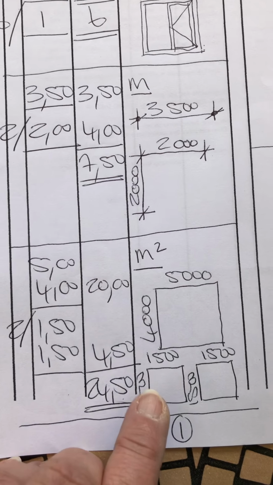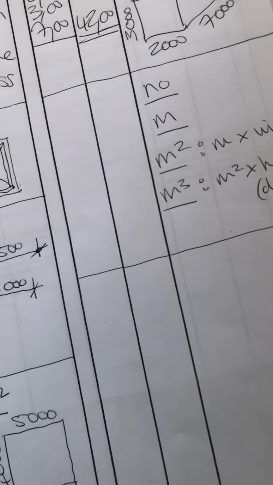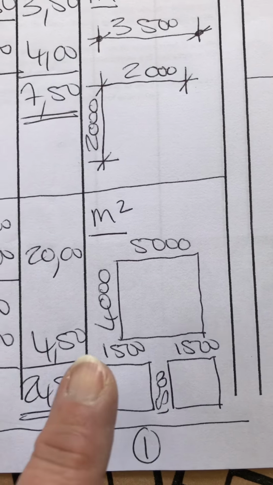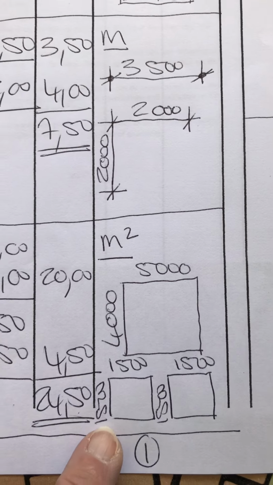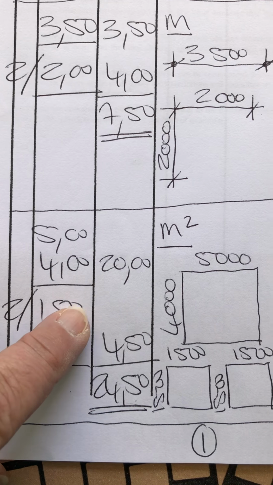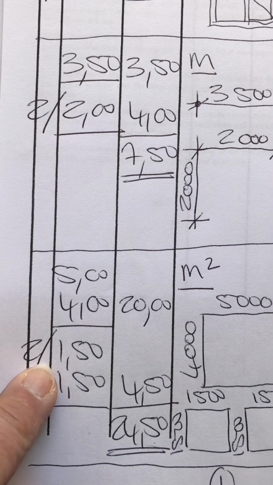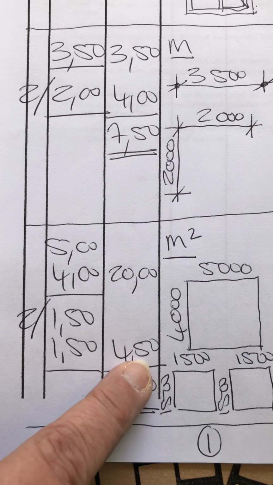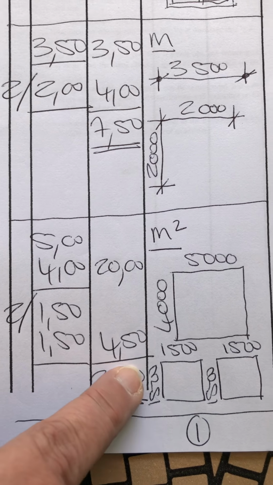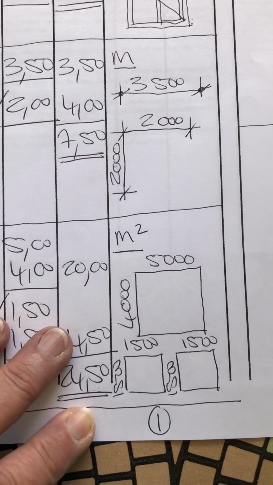Say for instance there were 2 blocks of 1500 by 1500 each. I will say 1.5 by 1.5, my 2 dimensions, and 2 times that because there's 2 blocks, which gives me 4.5. Now if I go and add them together, remember equal, I'll get my 24.50 with my double line.